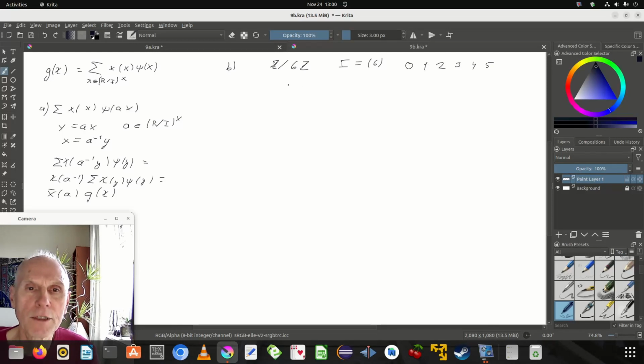So those are the members, and 6, let's work on 12 instead, because the other one is too primitive. So 0, plus minus 1, plus minus 2, plus minus 3, plus minus 4, plus minus 5 and 6.